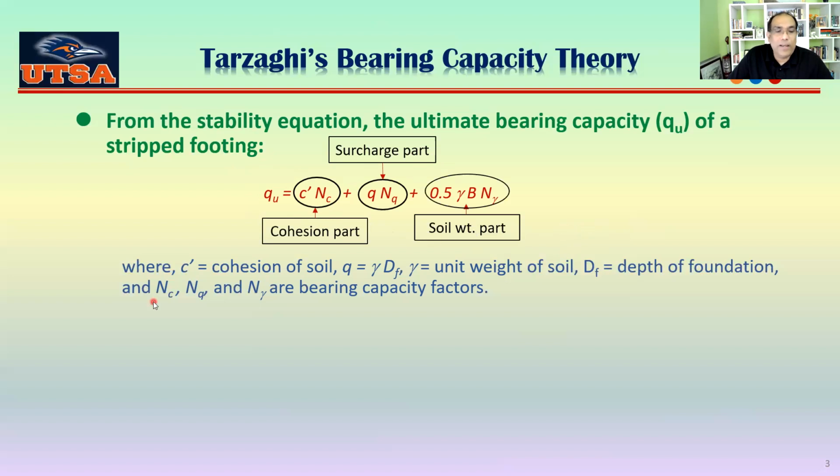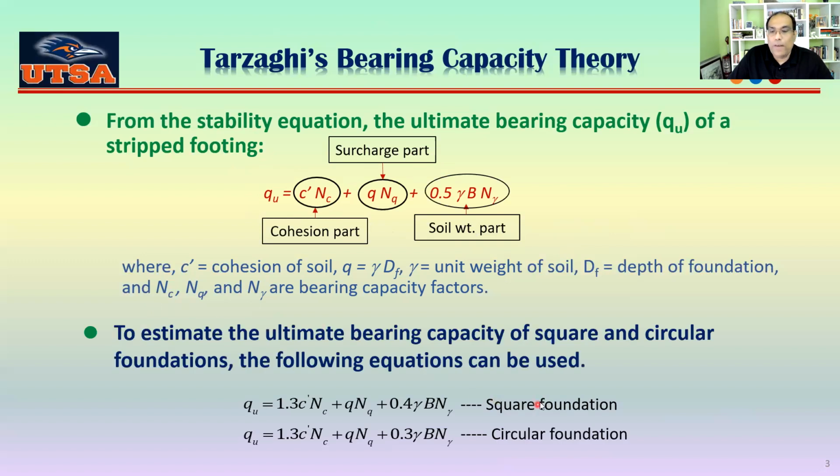Okay, now here is your equation for square foundation, which is 1.3 c prime Nc plus q Nq plus 0.4 gamma B N gamma, and for circular foundation it is 1.3 c prime Nc plus q Nq plus 0.3 gamma B N gamma.